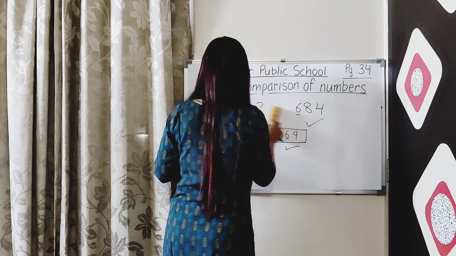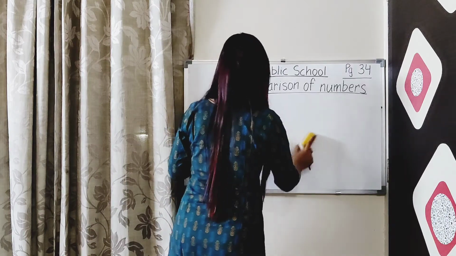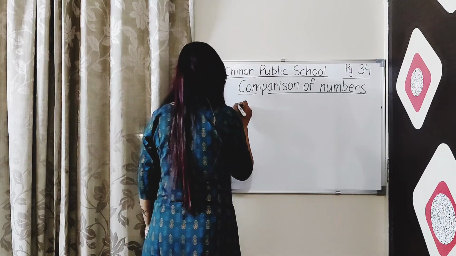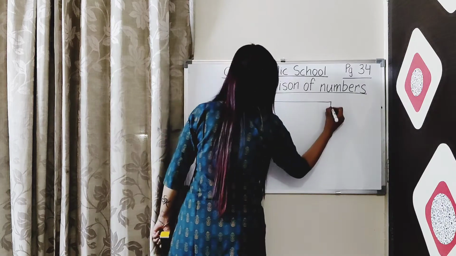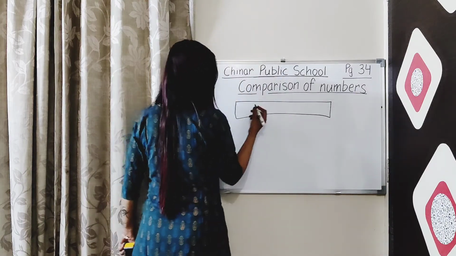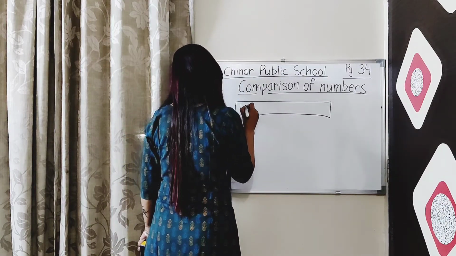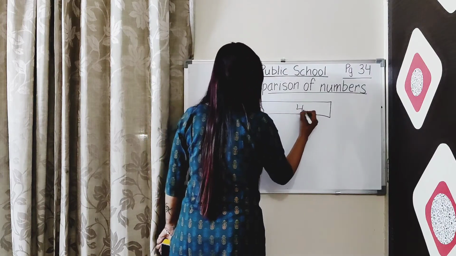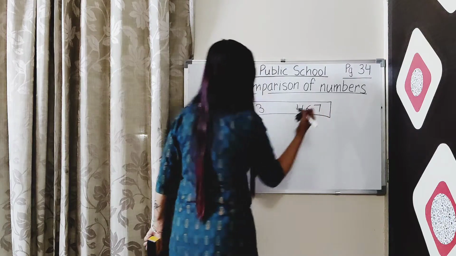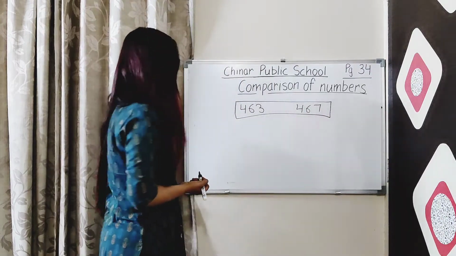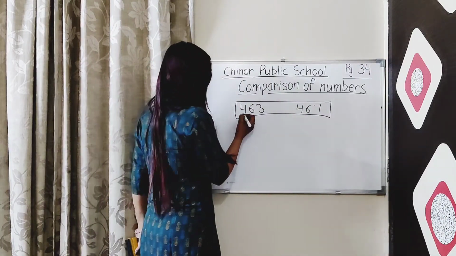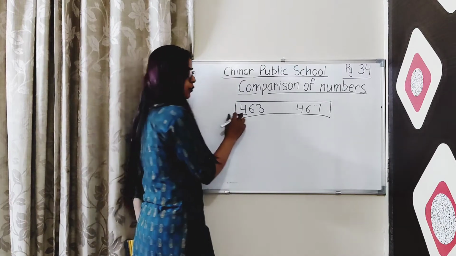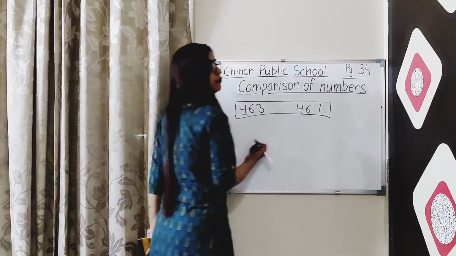Children, now let us try one more example. Look here. Here it is 463 and here it is 467. Now let us compare. The first digit over here is 4 and here it is again 4.